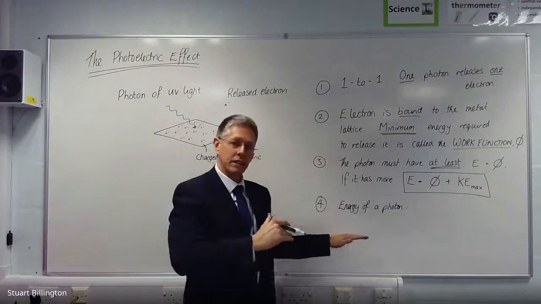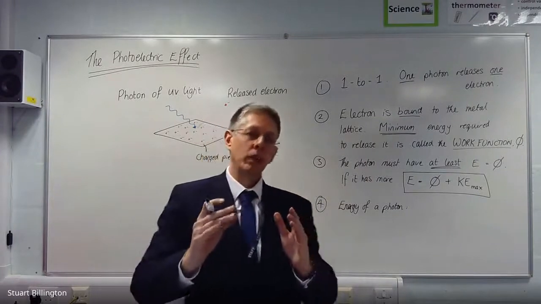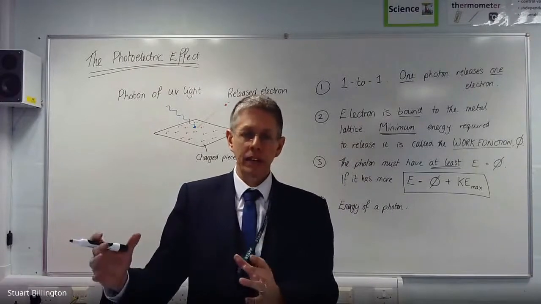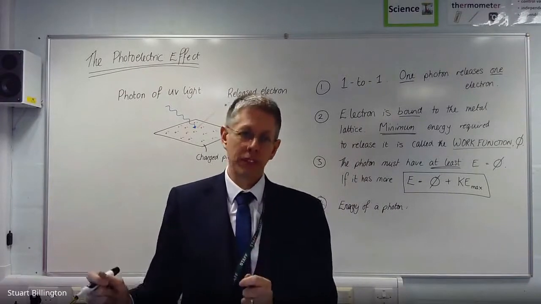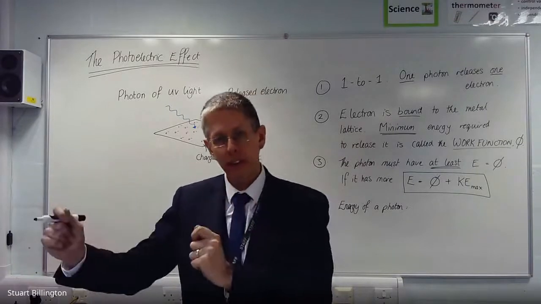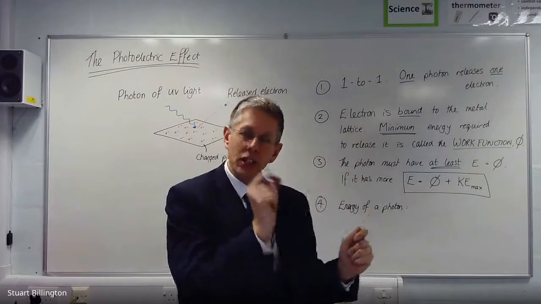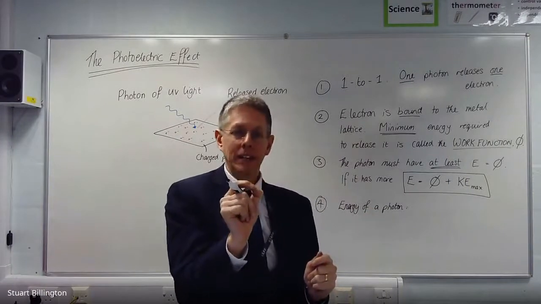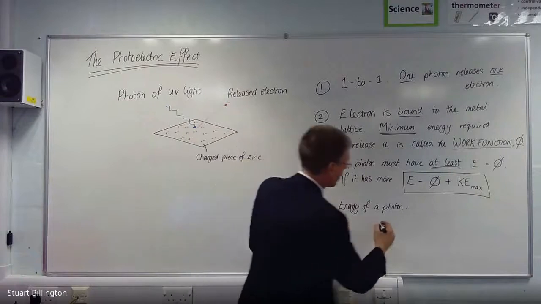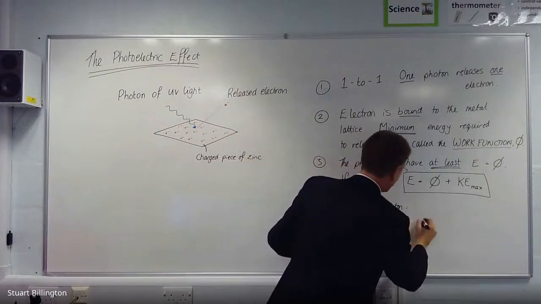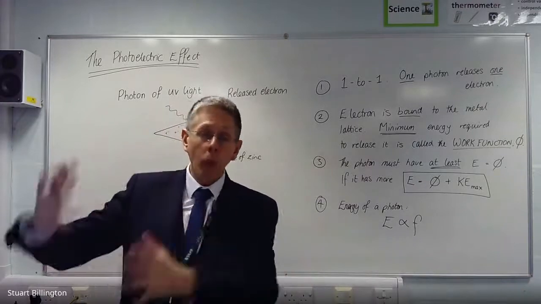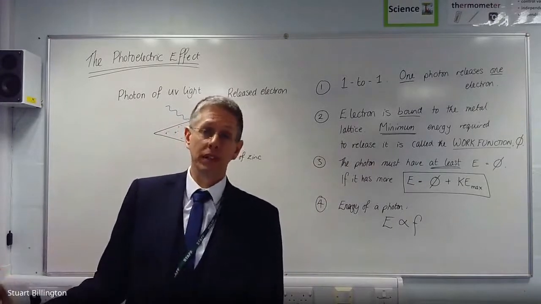Einstein provided a link between how we had traditionally been describing light in terms of the frequency of an electromagnetic wave, and the energy of a single individual packet of energy of that light. And he basically stated that the energy of the photon is directly proportional to what we have been calling the frequency of the light.